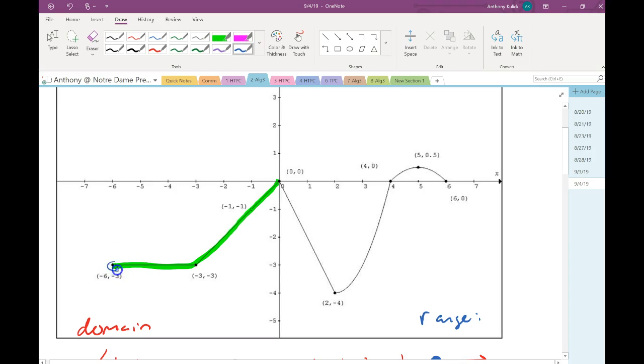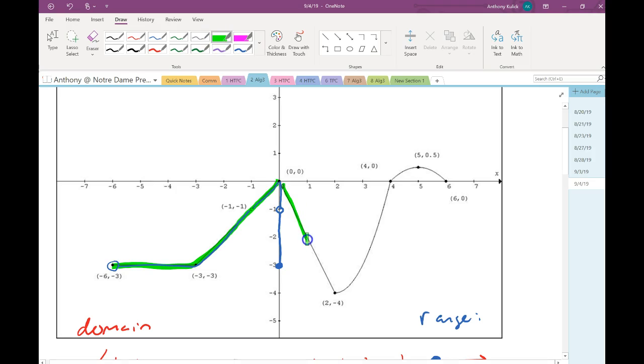If I start at the beginning, my y-coordinate is at -3, and it's actually a y-coordinate on a point, so I'm going to fill in a circle there. And then from -3, I go up to -1. And then there's the break in my graph, so I'll draw an open circle there. And then I go all the way up to 0. Everybody okay with that first half?